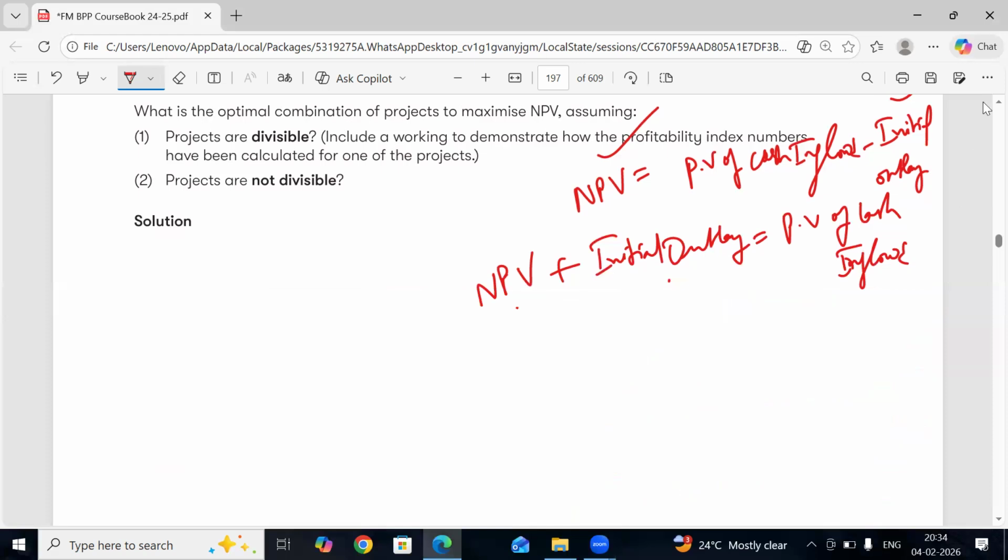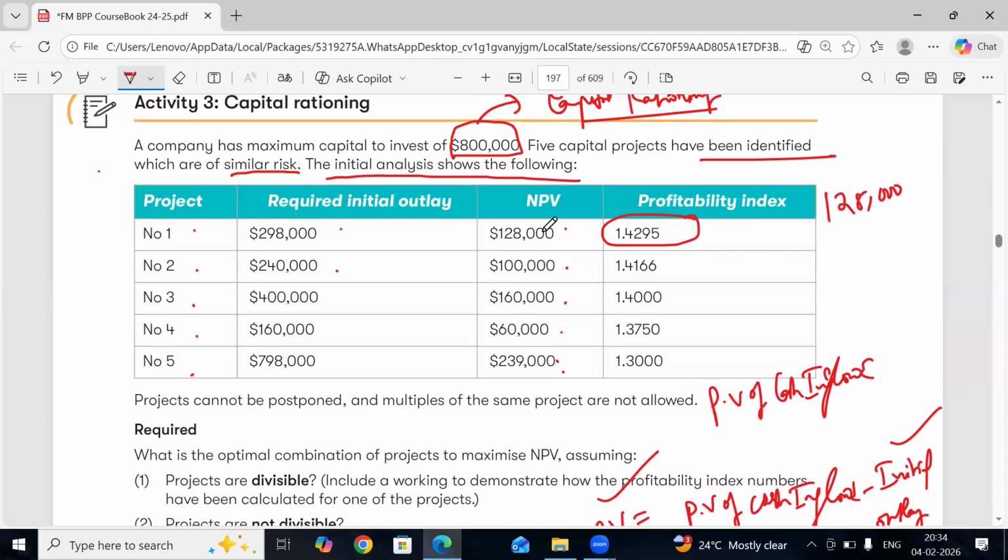So we'll add this too. 2,98,000 plus 1,28,000, then 2,40,000 plus 1,00,000. This, when you add, you'll get 3,40,000.